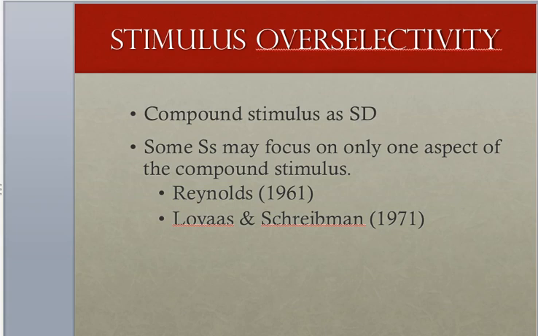And then Ivar Lovaas from UCLA and one of his former students, Laura Schreibman, who was the autism teacher at UCSD where I attended, replicated some of Reynolds' work with birds using children with autism, who are famous for being more over-selective.